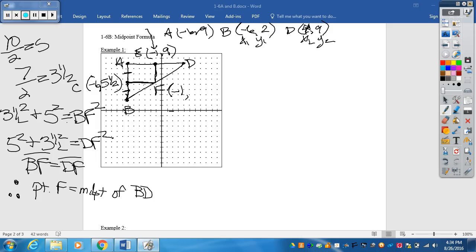Basically what we're going to do is take x sub 2, actually I'll just write this out, 4 minus negative 6, so that would give us 10 because we're adding 6, divided by 2. Hold on. Oh, I'm sorry, I should have said plus. There we go. That makes more sense. So 4 plus negative 6, that gives us negative 2 divided by 2 gives you negative 1.